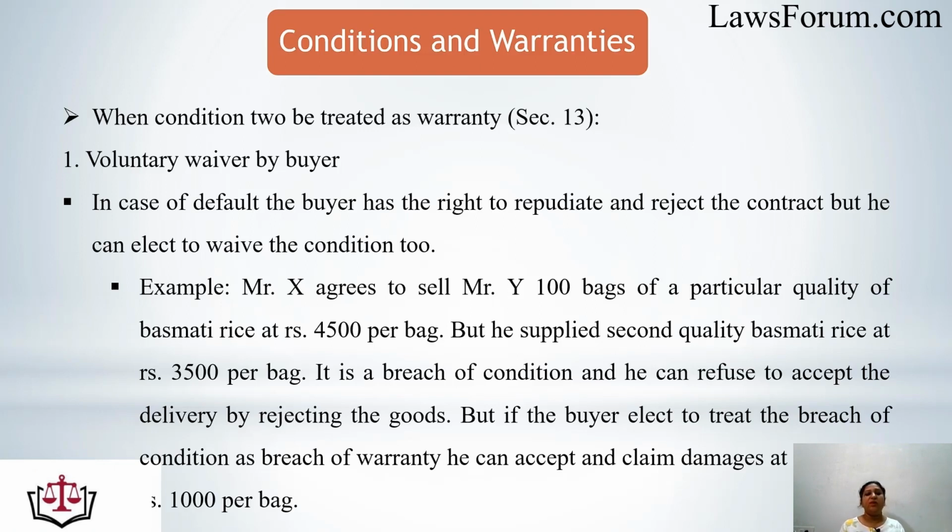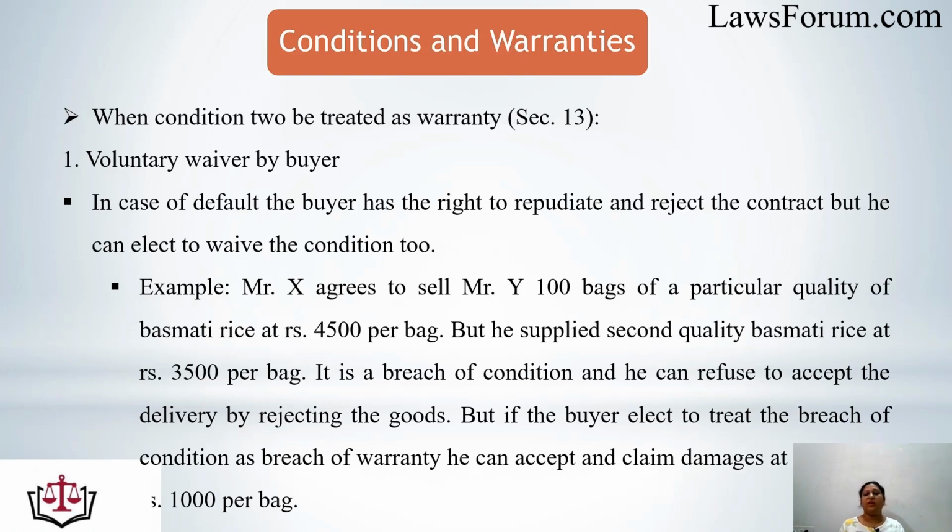Let's see the example. Mr. X agrees to sell Mr. Y 100 bags of a particular quality of basmati rice at rupees 4500 per bag. But he supplied second quality basmati rice at rupees 3500 per bag. It is a breach of condition because the condition was of first class basmati rice of 4500. But what is being supplied?